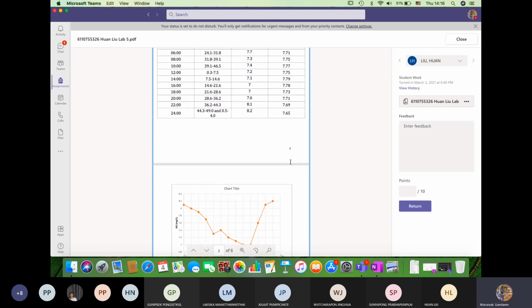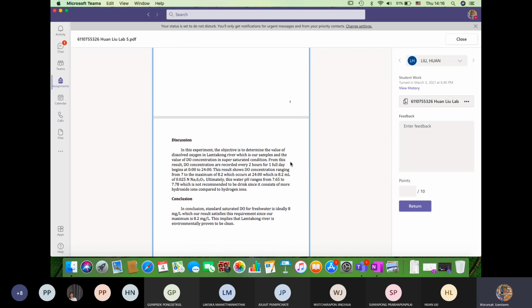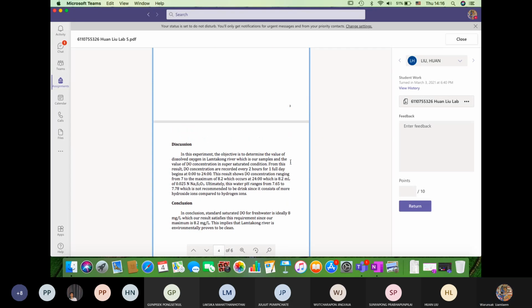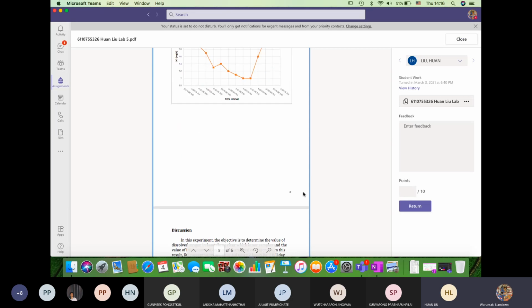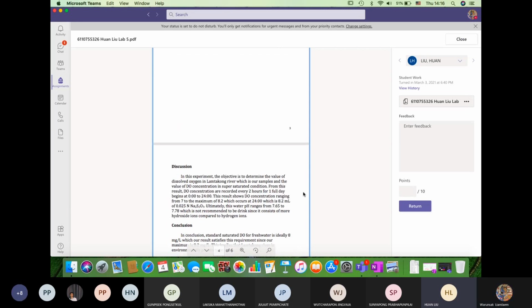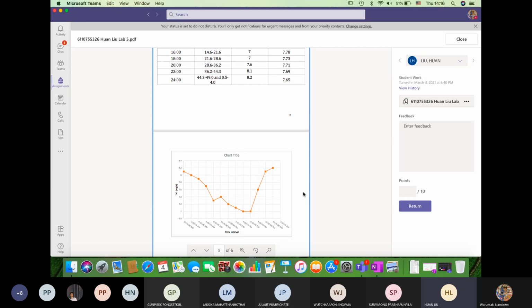Any other thing you'd like to add to your friends' discussion point now? I can only say I searched it up on Google that the standard DO is around 8 milligrams per liter for fresh water.